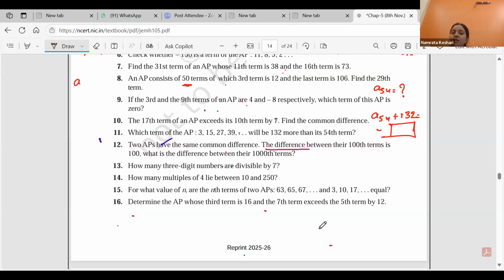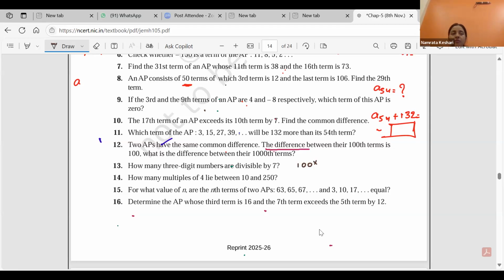How many three-digit numbers are divisible by 7? Okay. Three-digit number starts from 100. Okay, we will check, is it divisible by 7? No. Then which number is divisible by 7? After 100, which number is divisible by 7?